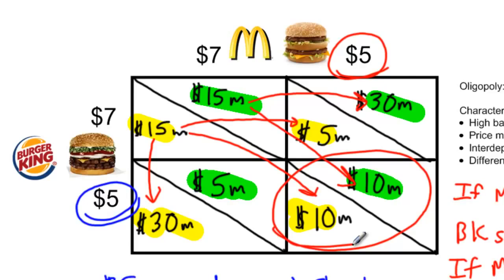The implications of this outcome are that without the ability to collude or cooperate with one another, McDonald's and Burger King will always end up charging a lower price for their products and earn a lower level of economic profit than would be achievable if they both charged a higher price. But this is the nature of oligopoly markets.